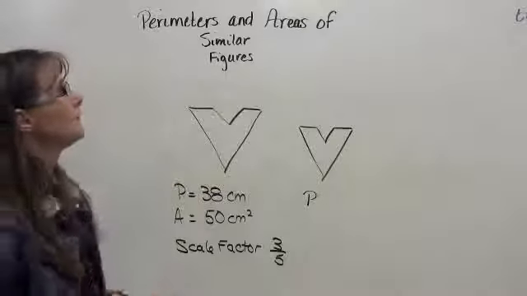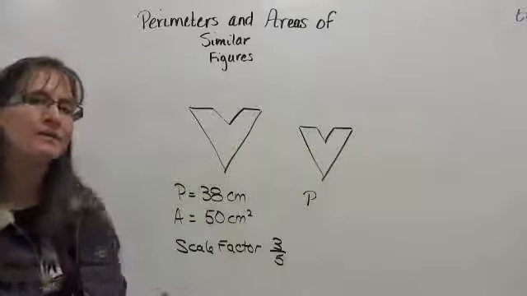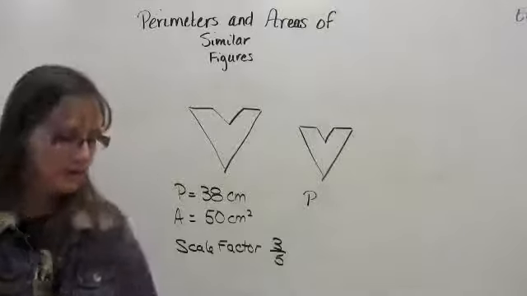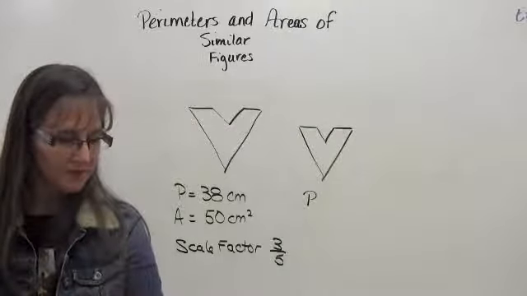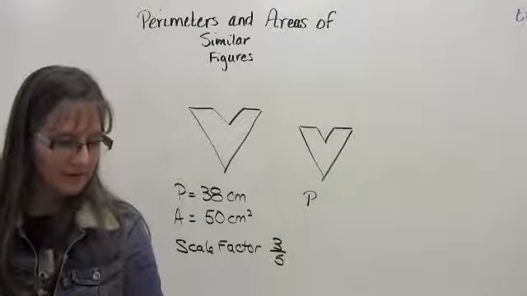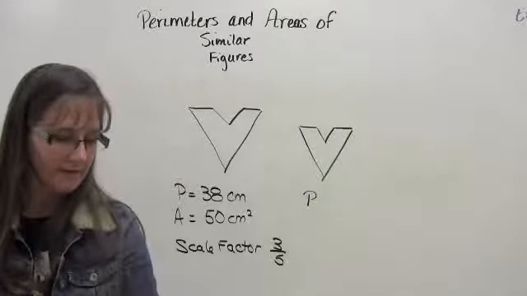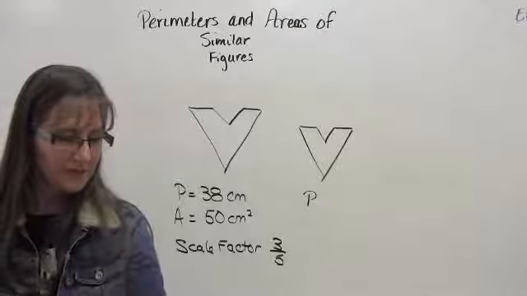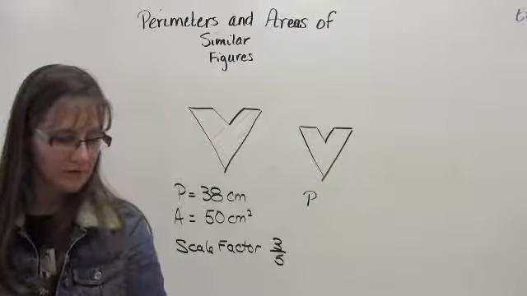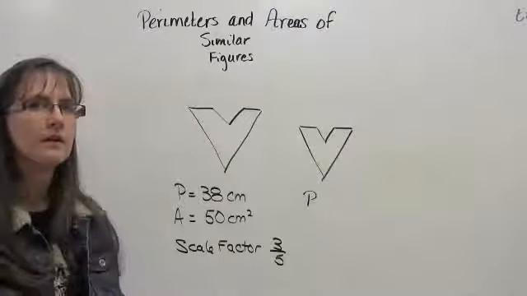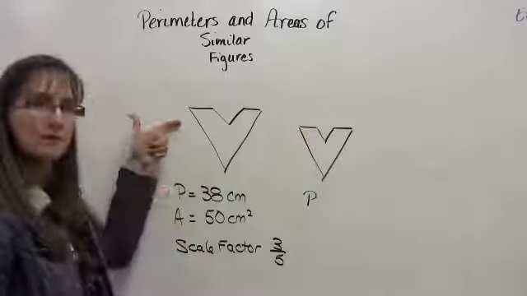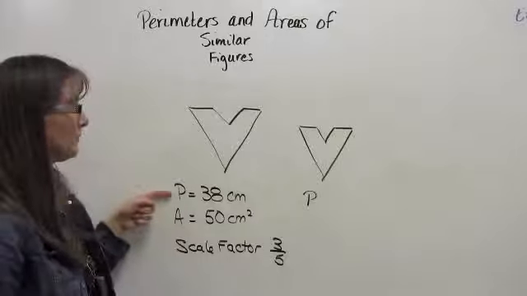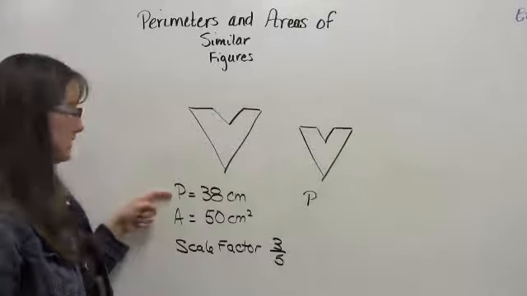Okay, here I have two figures, and I want to know how I can use the information I just gave you, knowing that the ratio of the perimeters of two similar figures is equal to the ratio of the side lengths, the scale factor, and that the ratio of their areas is equal to the square of the scale factor. I'm telling you that the larger of the two figures has a perimeter of 38 centimeters.